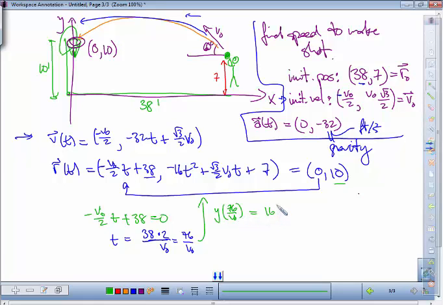So I got negative 16 times 76 over v naught, squared, plus root 3 over 2 v naught times 76 over v naught plus 7. And then we want to force this to equal 10, which is the height.